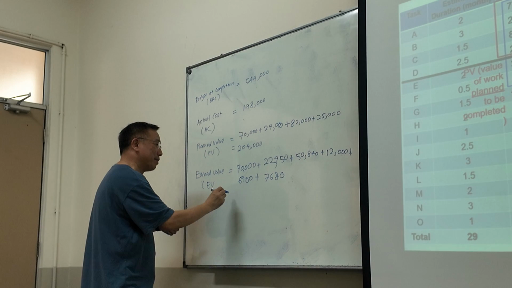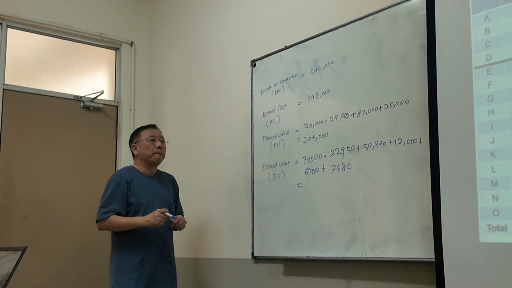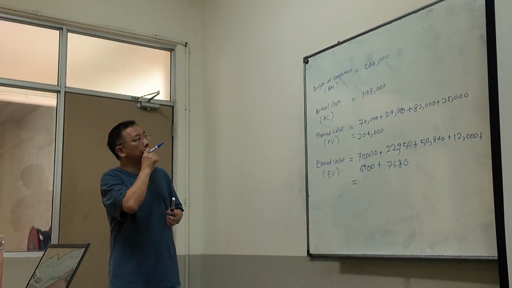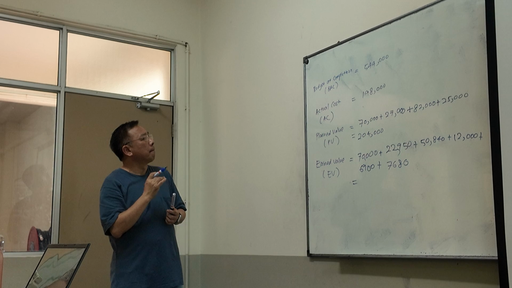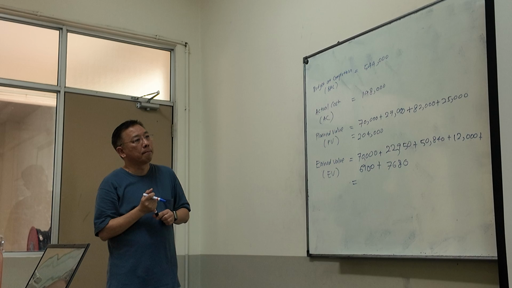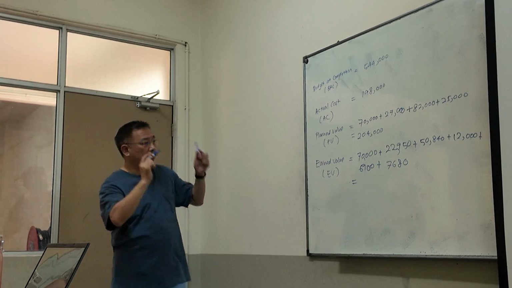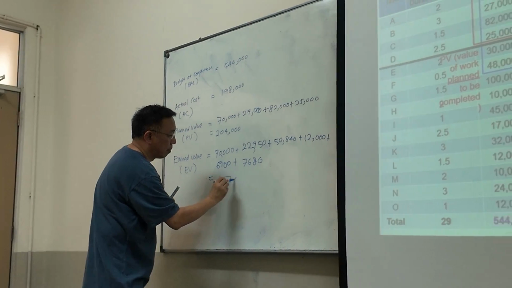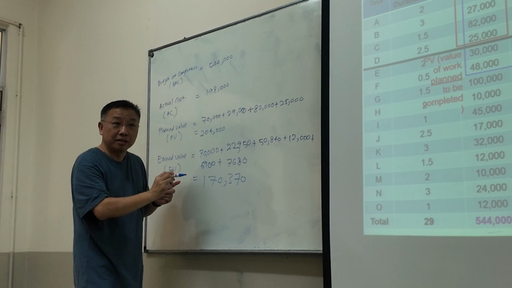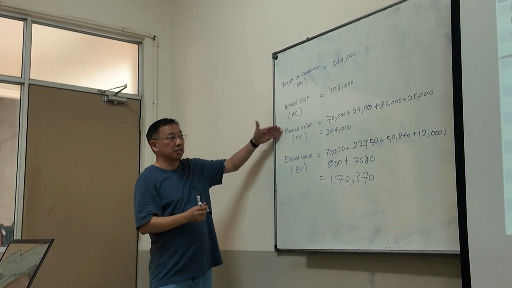Need another favor, can you please help me add this up? 170,370, right? Okay. So these are the important variables you need to calculate first.